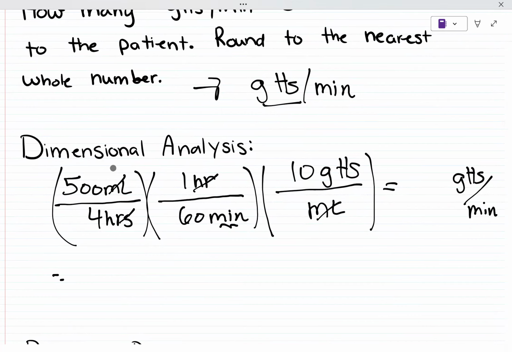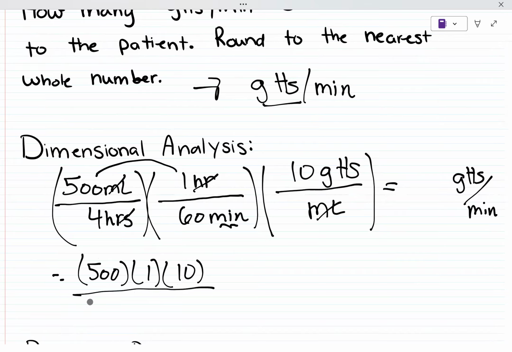Remember, when you're multiplying fractions, you multiply across, never crisscross. So it's 500 times 1 times 10, and then 4 times 60 times 1.